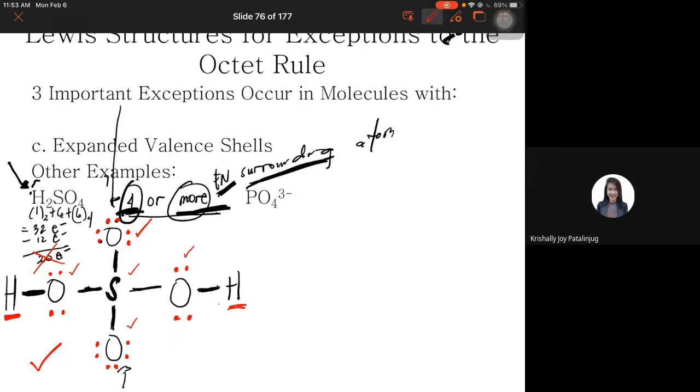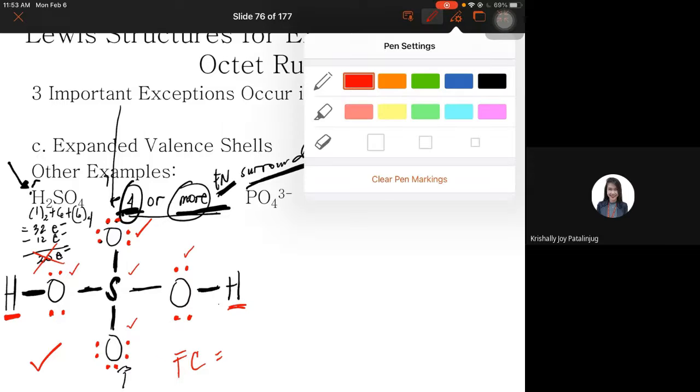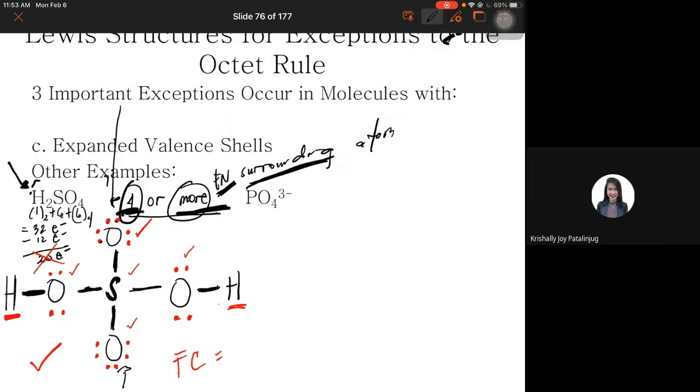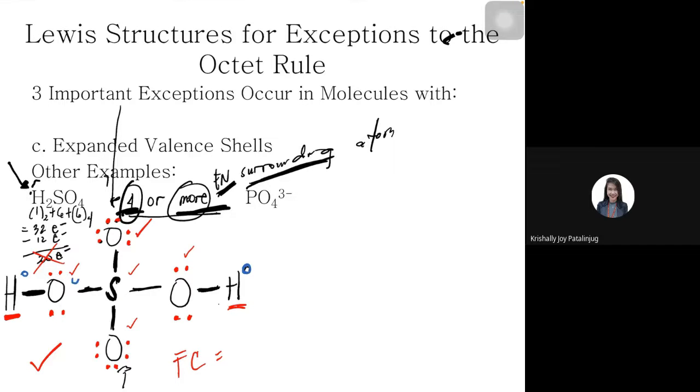Okay? But when you check for the formal charges, i-check natin yung formal charges nila. Yung talagang obvious na meron talagang charge. Si oxygen dito, ibang kulay na lang, ayan. Oxygens, no charge naman ito. Ganon din sa dalawang left and right oxygen, meron naman silang dalawang bonds. Remember, if dalawang bonds ang surrounding sa oxygen, they will not carry charge.